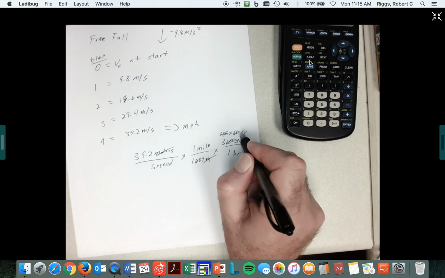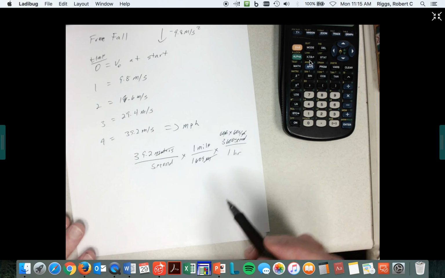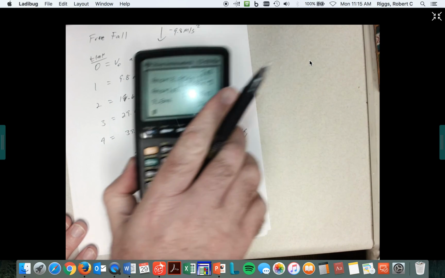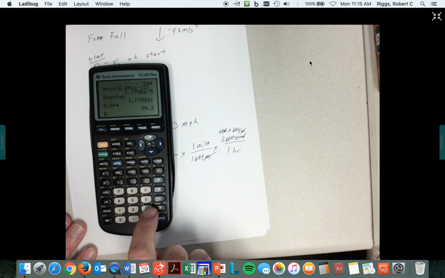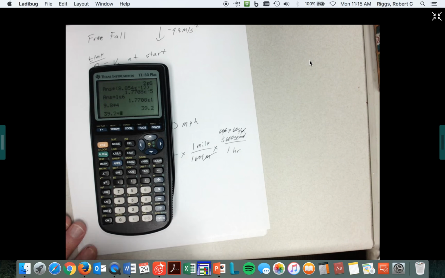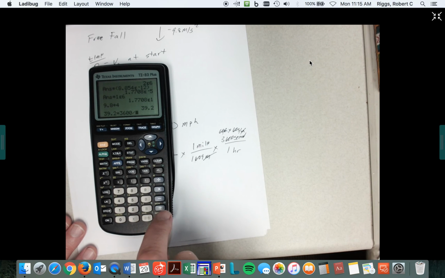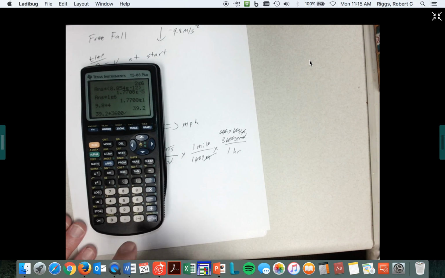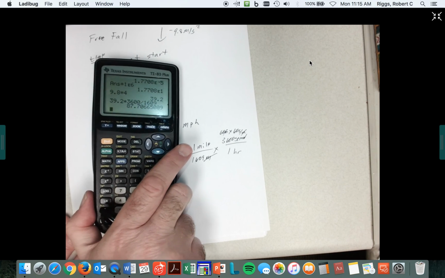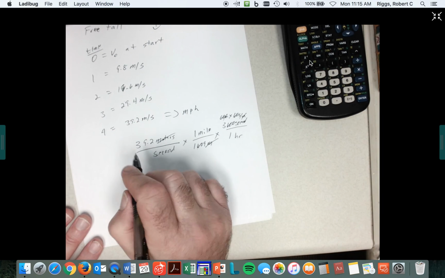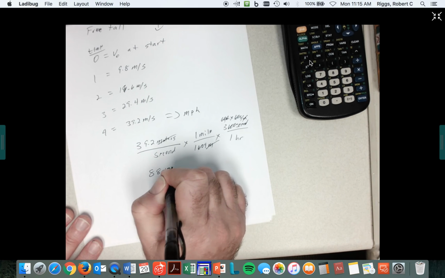So the minutes cancel, left with seconds, 60 times 60. So if I take 39.2 times 3,600 and divide that by 1609, this will give you your miles per hour. Whoa, almost 88 miles an hour after 4 seconds.